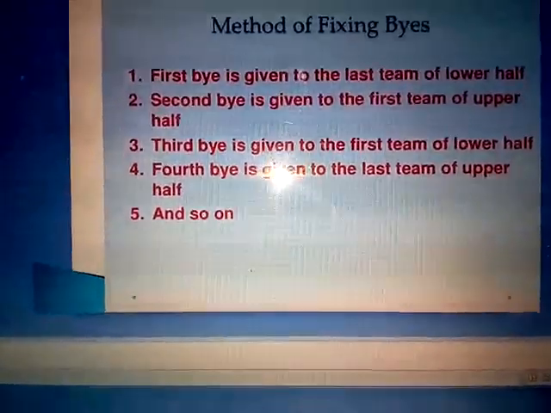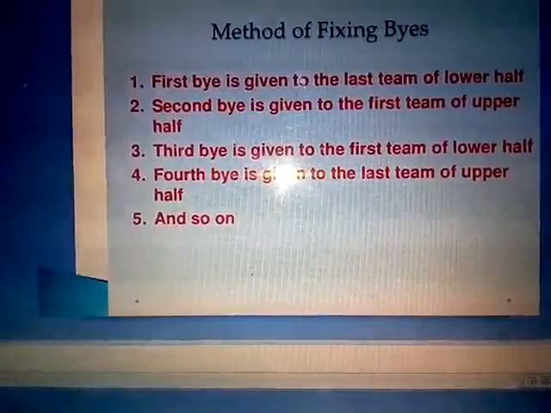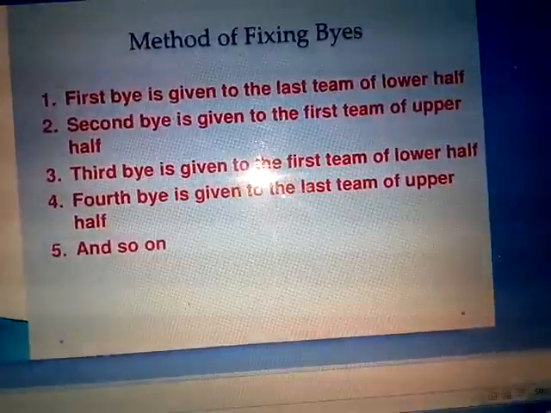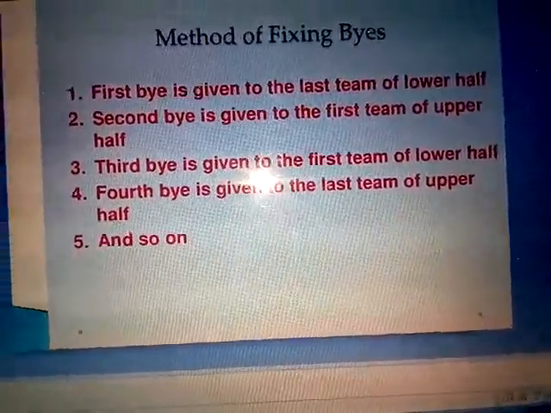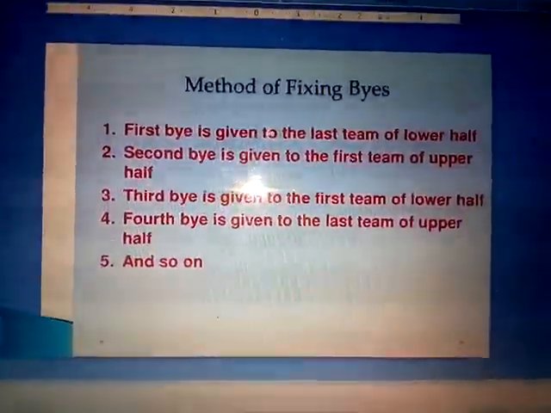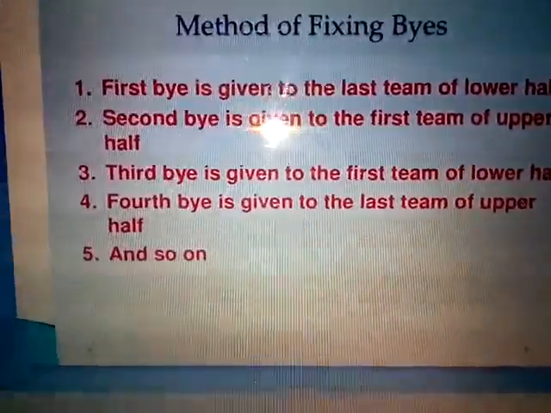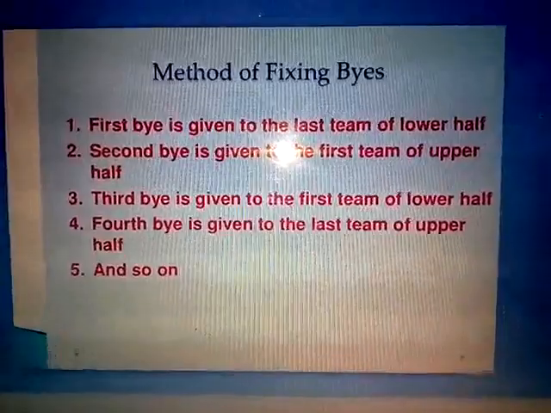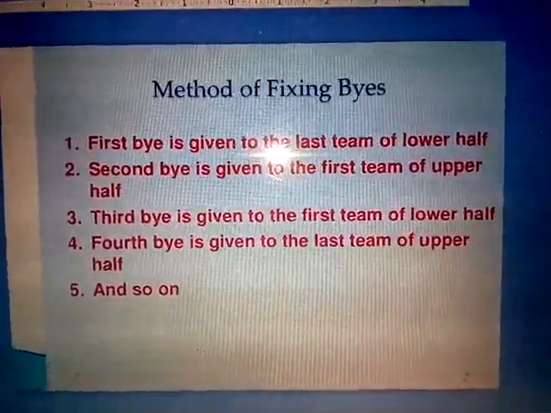First of all, we will discuss the methods of fixing the byes. You have to understand how to fix the byes to the following teams and what the procedure is. The first bye is given to the last team of the lower half.